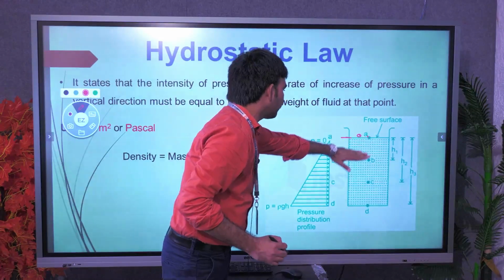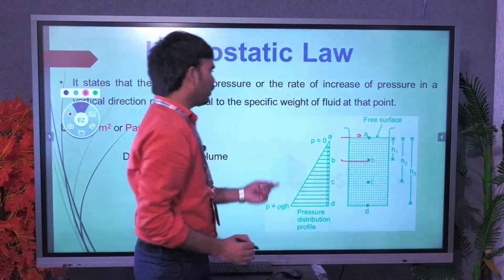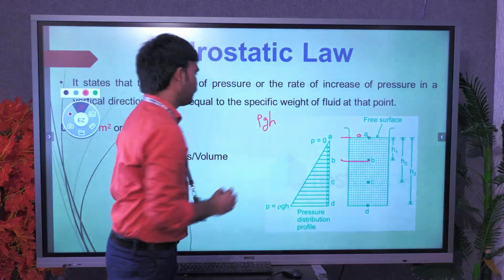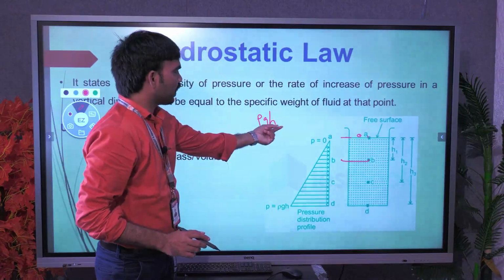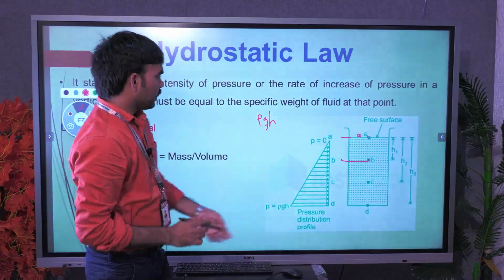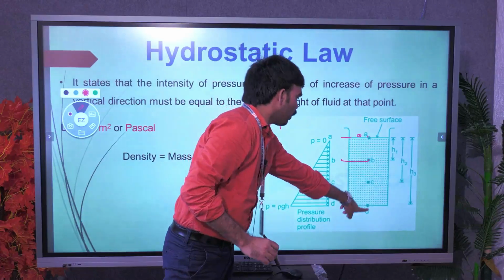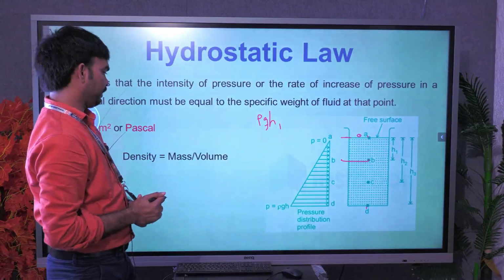If you want to measure the pressure at this point, it will be equal to rho g into H, that is the specific weight into height. And here it will be rho g into H2. If you want to measure the pressure here, it is rho g into H3.